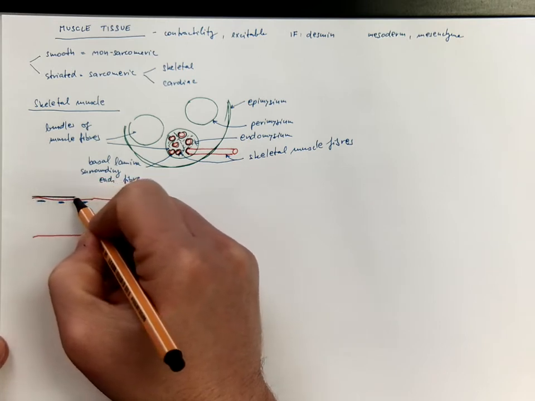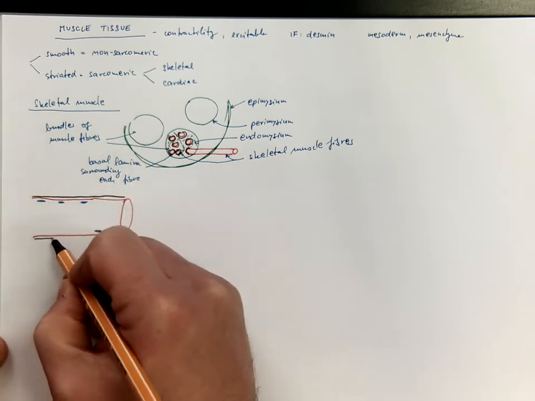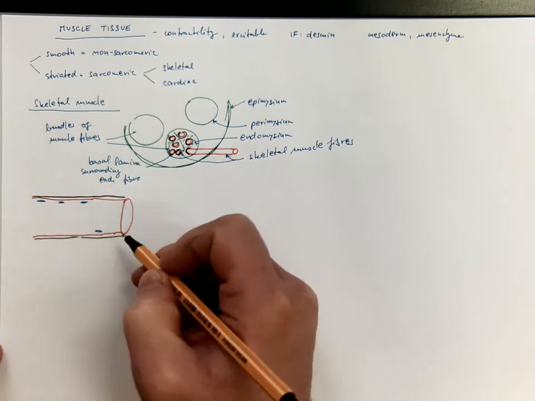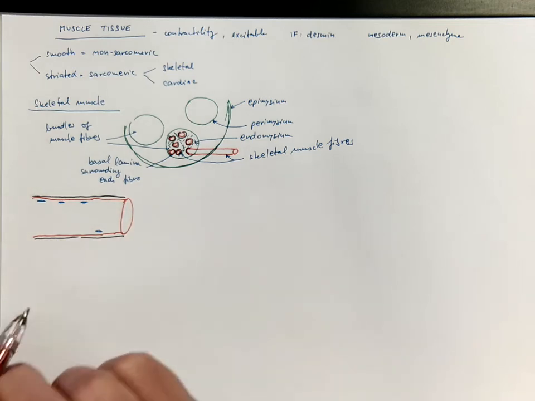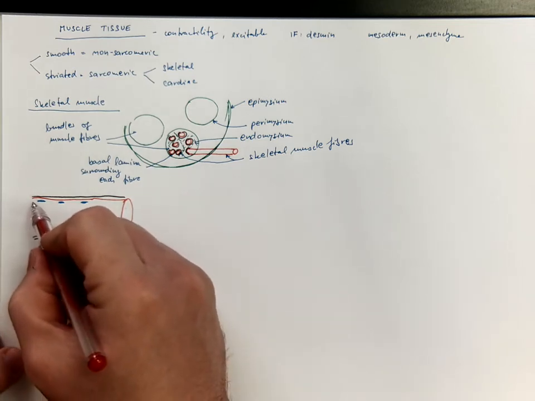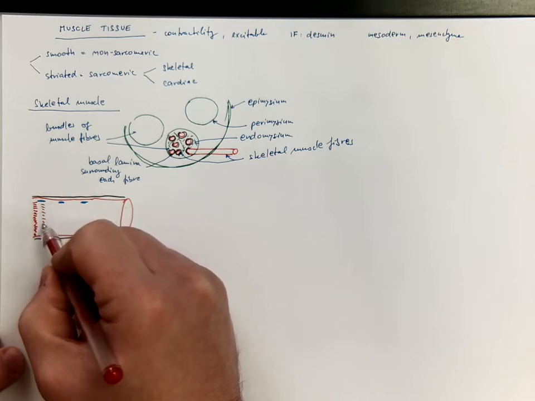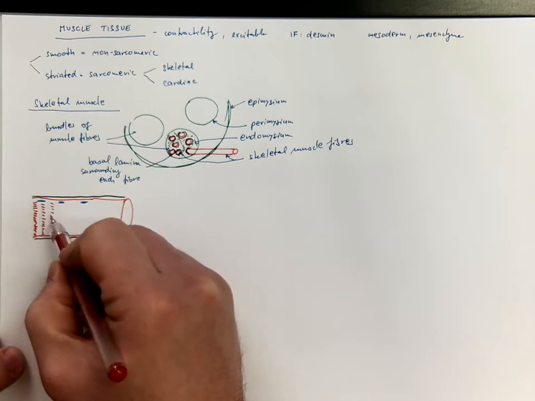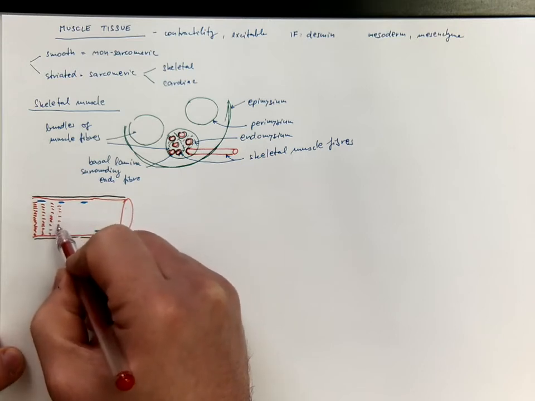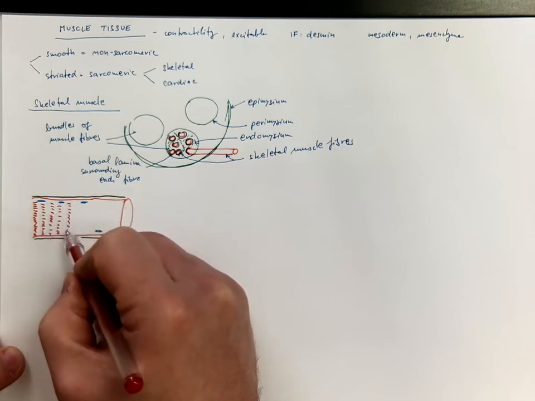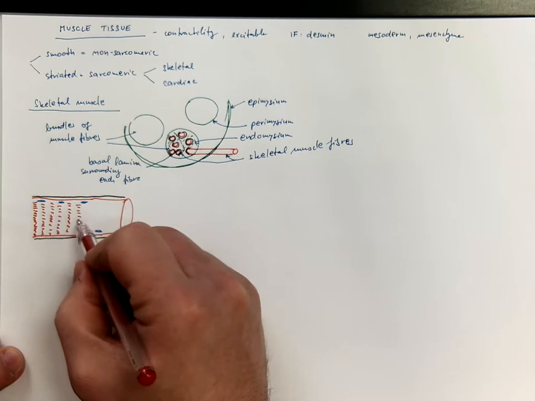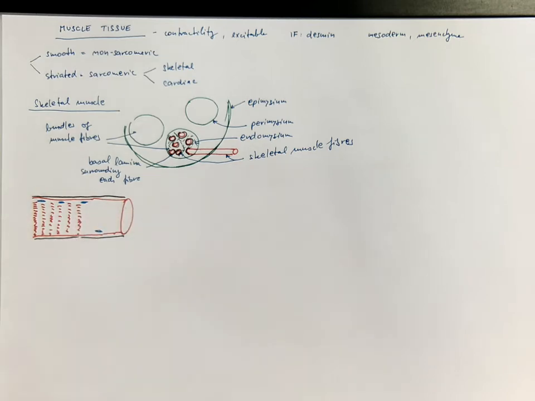There is this basal lamina layer. And there is a pattern visible in the optical microscope consisting of dark and light striation.